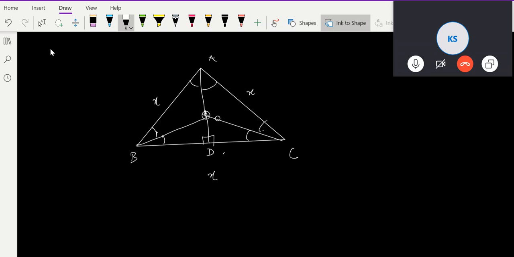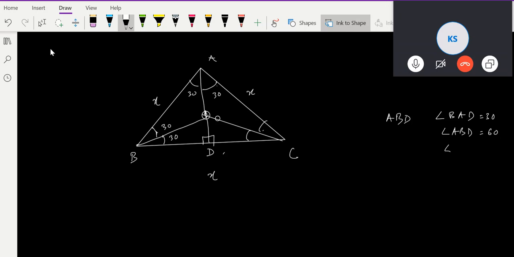Now, therefore, each is 30 degrees, right? So now you can see in triangle ABD, we have angle BAD is 30 and angle ABD is 60.